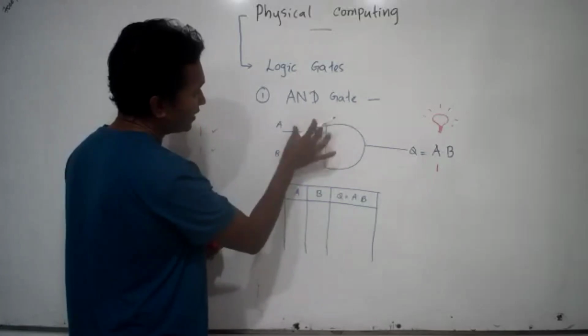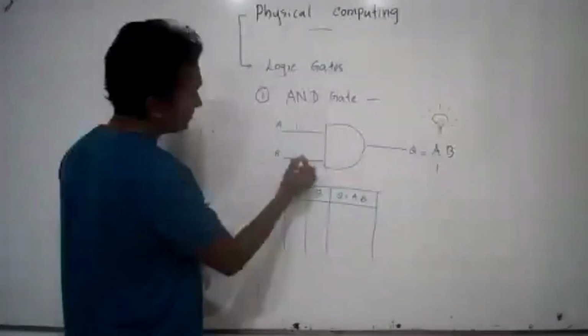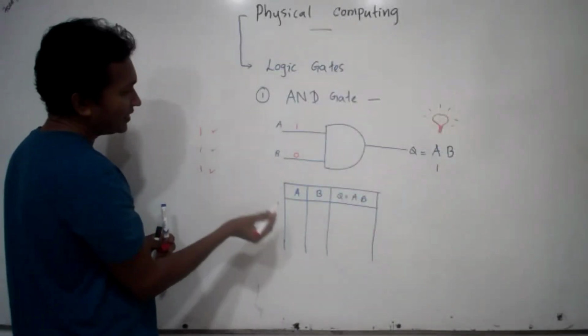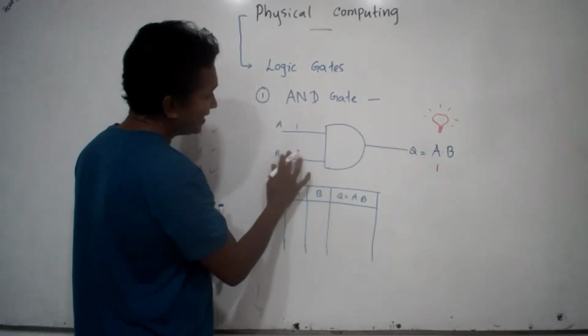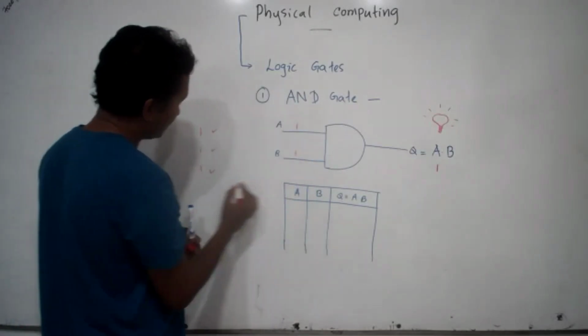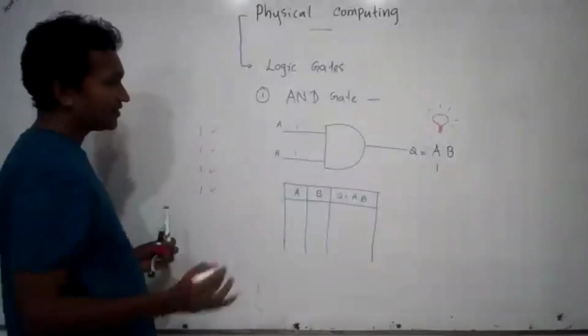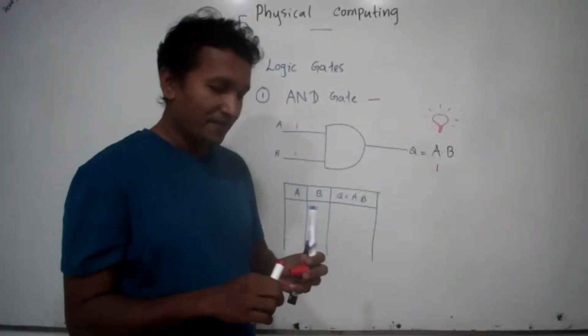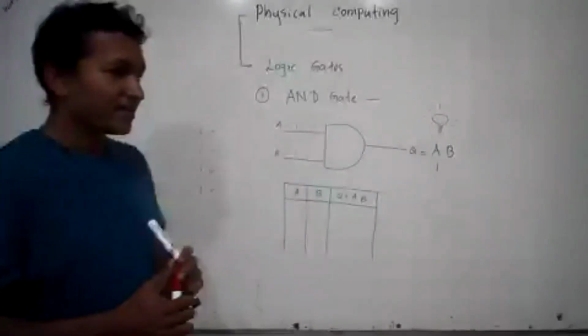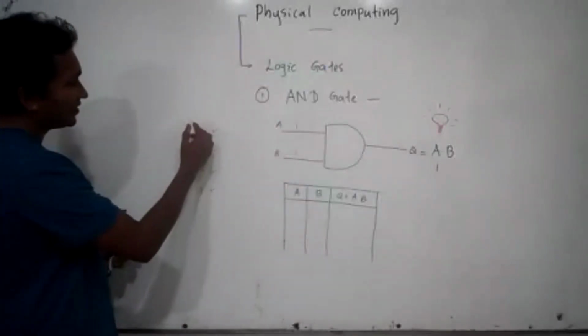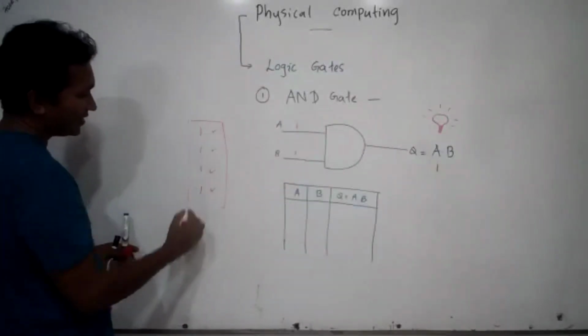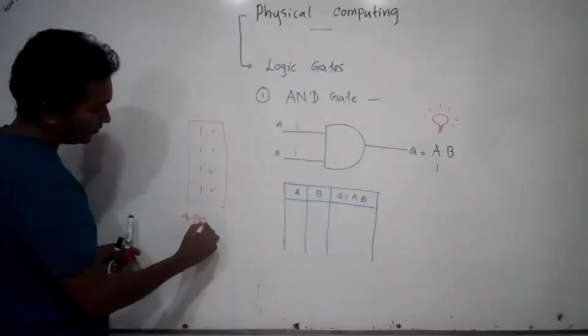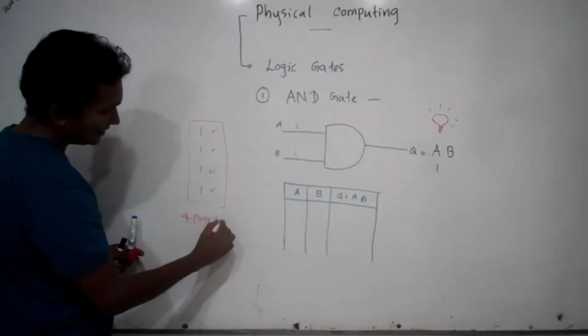It can be 1 0. It is another possibility. It can be 1 1. How many possibilities are there? 4 possibilities.